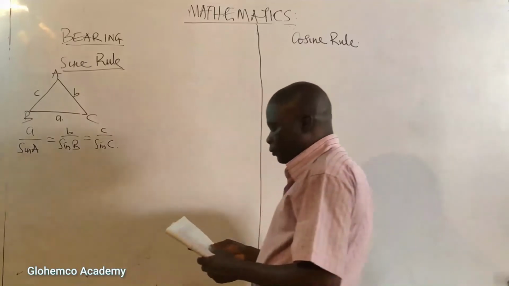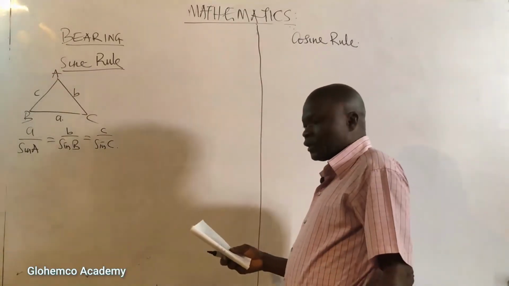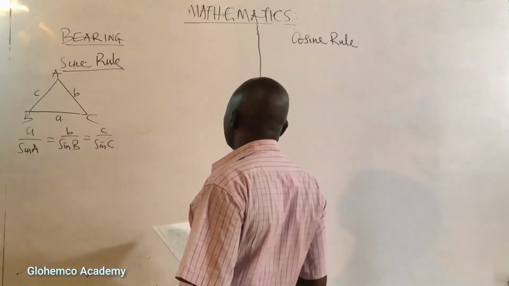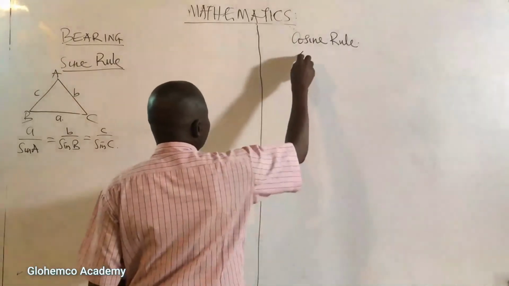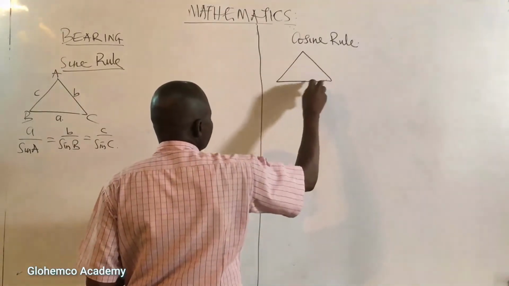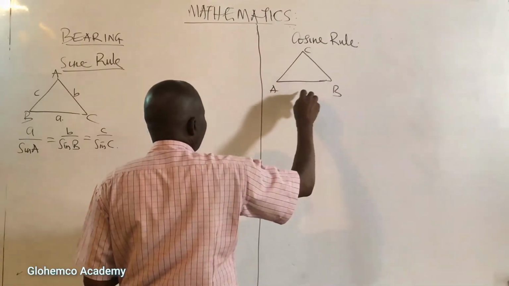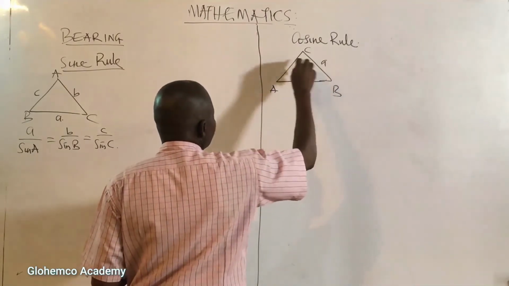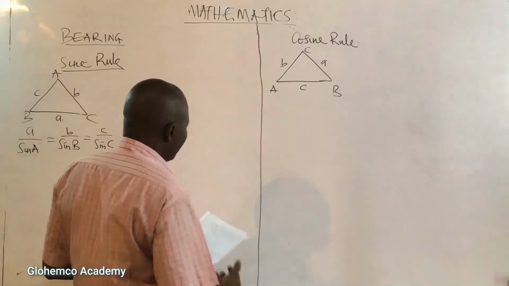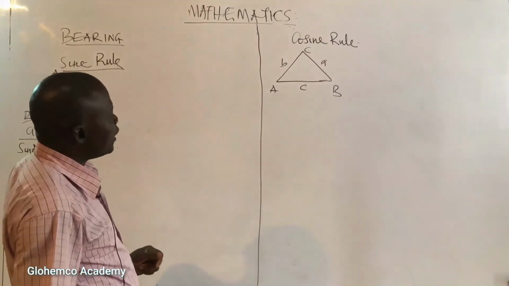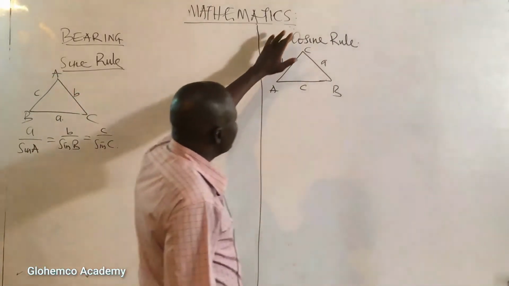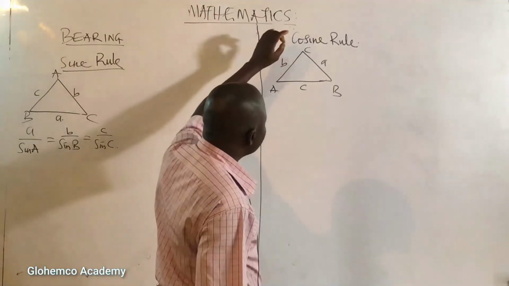Cosine rule is also applicable under any given acute angle. If you are given a triangle, something like this, A, B, C, we have C, A, B. Now, how do we apply the cosine rule? It depends on what is given to us here.